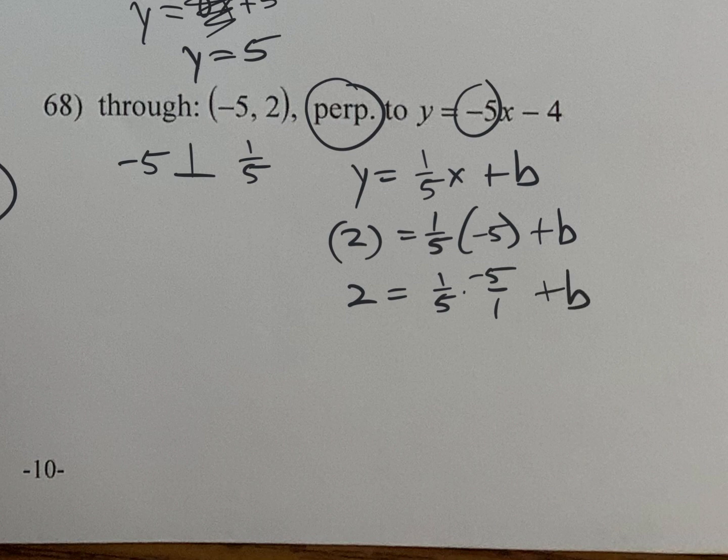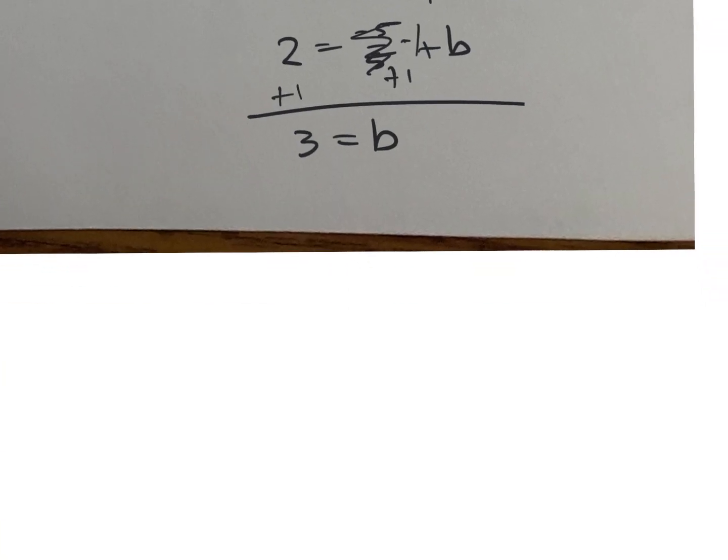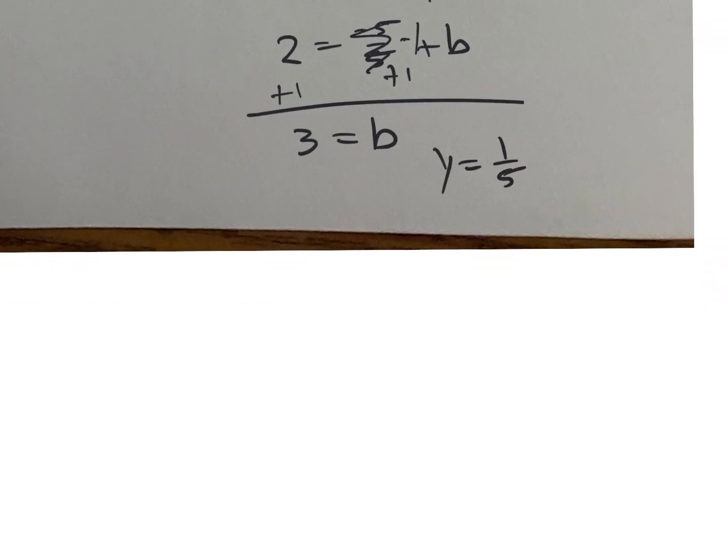And what is 1/5 times negative 5? Negative 5 over 5, which is what? That's negative 1. So we're going to add 1 to the left. Rewrite the equation.